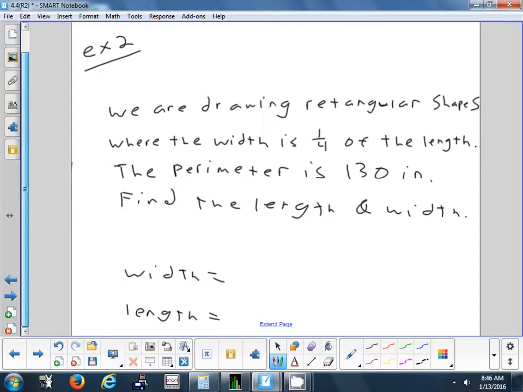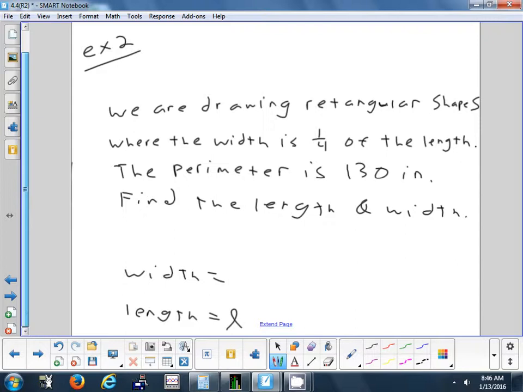What's a good letter for length? L. Just make sure it doesn't look like a 1. Guys, that example's on the back side of your notes. Now it says the width is 1/4 of the length. How are we going to write that one?